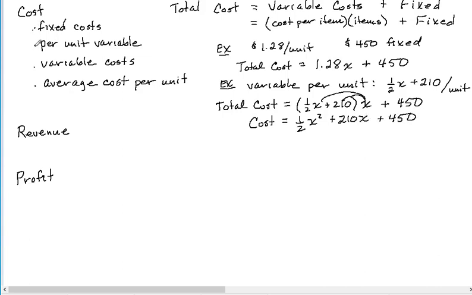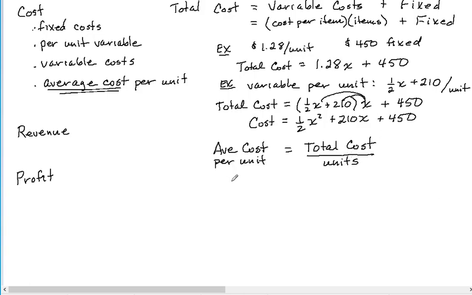Okay, fixed cost, per unit variable cost, and then total variable cost. Average cost per unit, we use this one quite a bit. The average cost per unit is defined to be the total cost divided by the number of units. The average cost function, we call it C bar, equals total cost, which is regular plain C, divided by x.